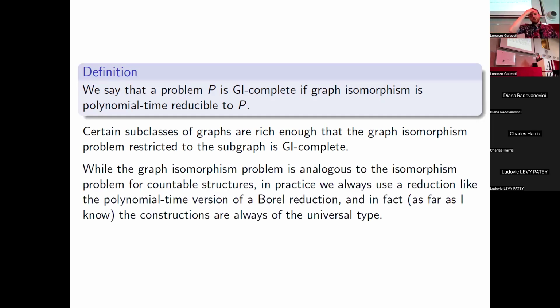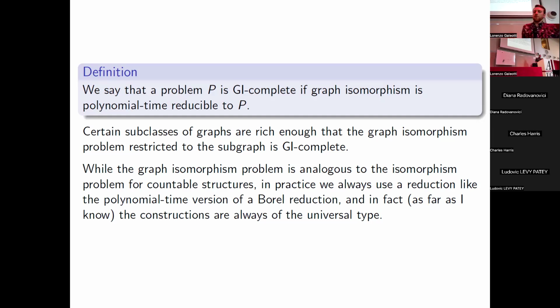This is not an area I know too much about, but something I've noticed in reading about it a little bit is that the reductions they use are always the universal kind of reductions. Whenever you reduce some graph into some other structure, or some particular kind of graph, you can always find the original graph inside the one you produce in this nice way, like the universal constructions.